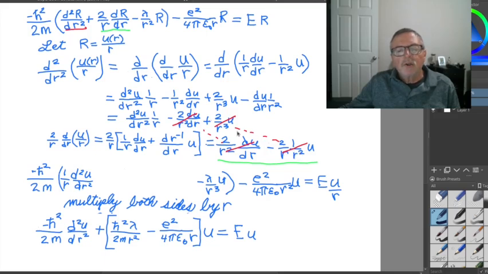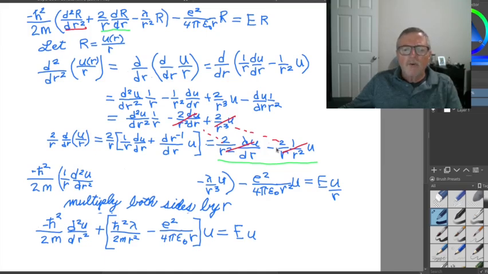That 2 over r cubed matches this 2 over r cubed. And this 2 over r squared du over dr will cancel out with this negative 2 over r du over dr. So we get rid of some stuff, and that magically got simpler rather than more complicated.